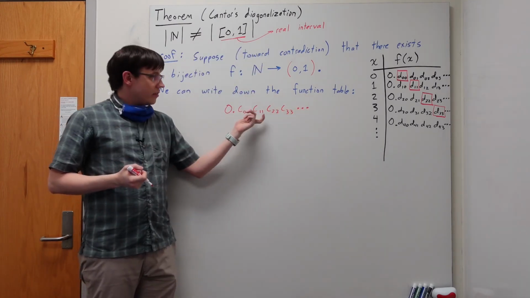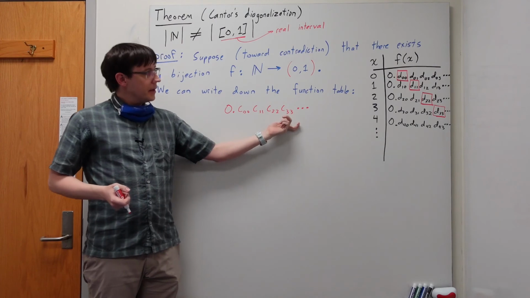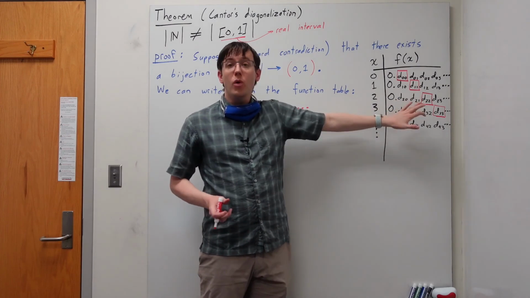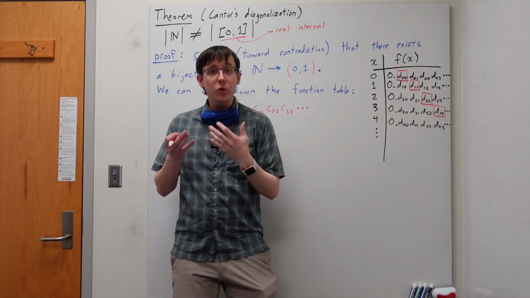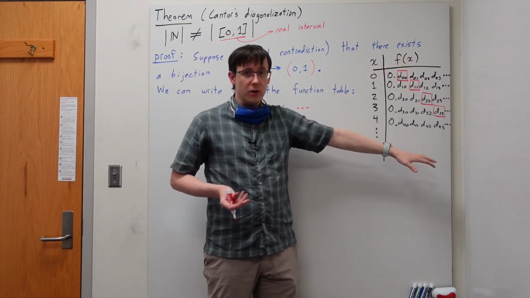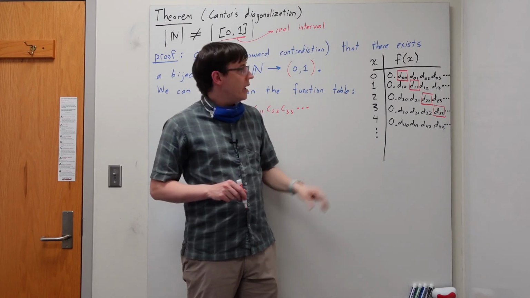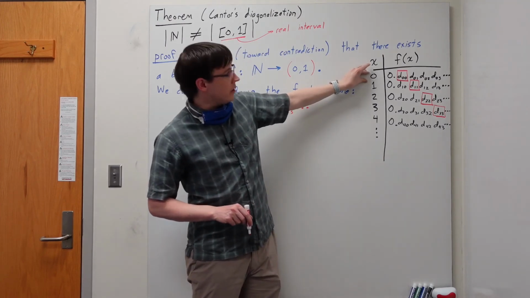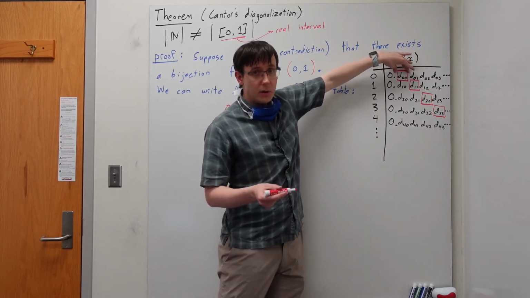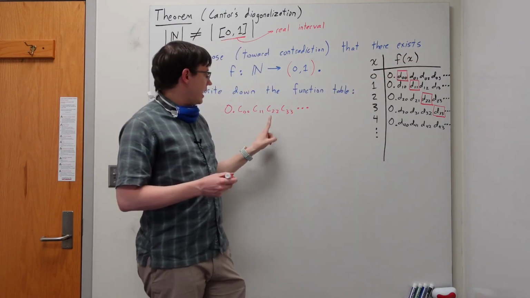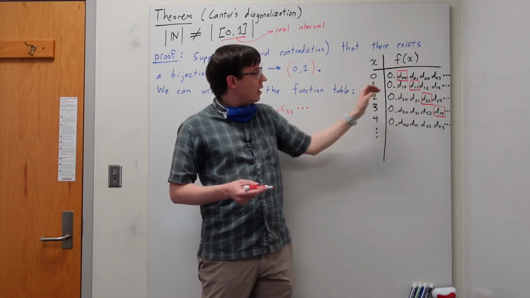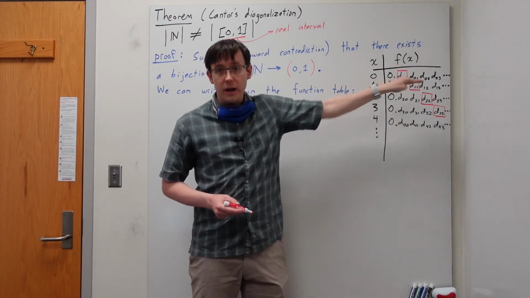where I define the digits of my number in terms of the digits of whatever numbers happen to appear in this table. So if you gave me some function that mapped the natural numbers to the real interval, I could look at your function table, and in the entry for 0, I could pick a digit that is not equal to digit 0 of that number, and then I could pick digit 1 of my number that is not equal to digit 1 of the entry for 1 in the table.